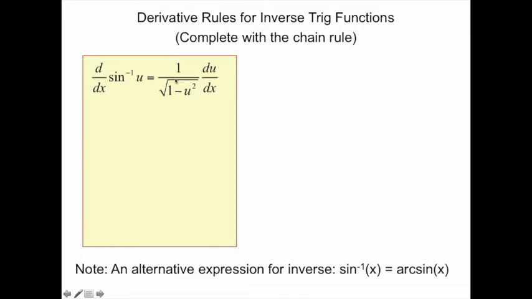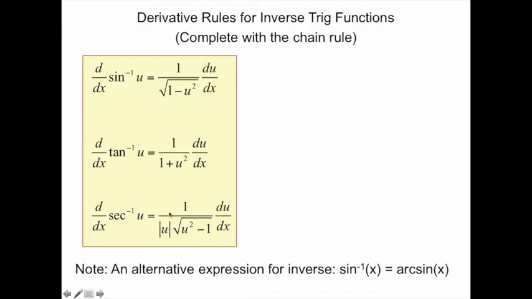So this is kind of a built-in chain rule here. The tangent looks like this: 1 over 1 plus u squared times du dx. The secant's a little more complicated. In the denominator, we have the absolute value of u times the square root of u squared minus 1.